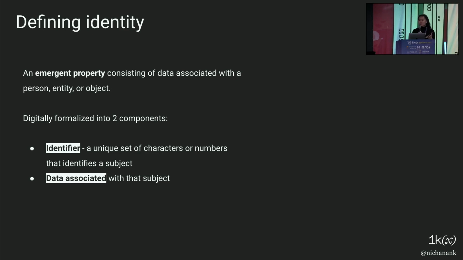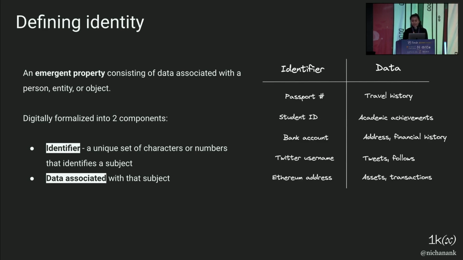But in the digital world, this is formalized into two components, which is the identifier, which is the unique set of characters or numbers that identifies a subject, and then the data associated with that subject. So it could be anything from your passport number, which is associated to your travel history, your student ID, contains links to your academic achievements, your bank account, to your financial history, Twitter to your tweets, and so on.